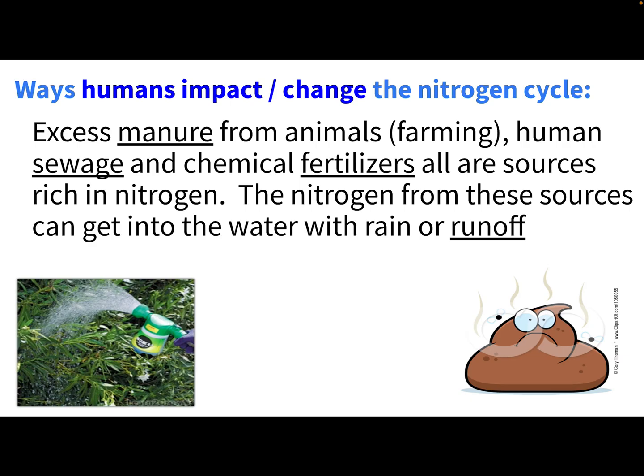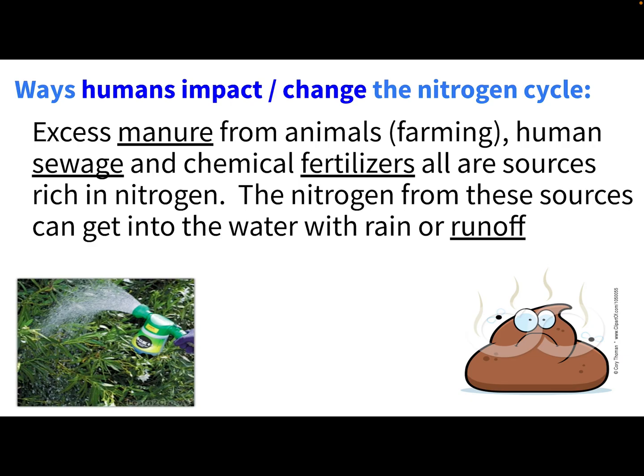So there are three main ways that humans influence the nitrogen cycle. One, using excess manure, so too much manure is being sprinkled on these crops, some of it gets taken away in rain or in runoff. Two, we have human sewage, which is super disgusting, but if we have a sewage leak or some sewage gets into the waterway, that can get into the soil, so on and so forth.